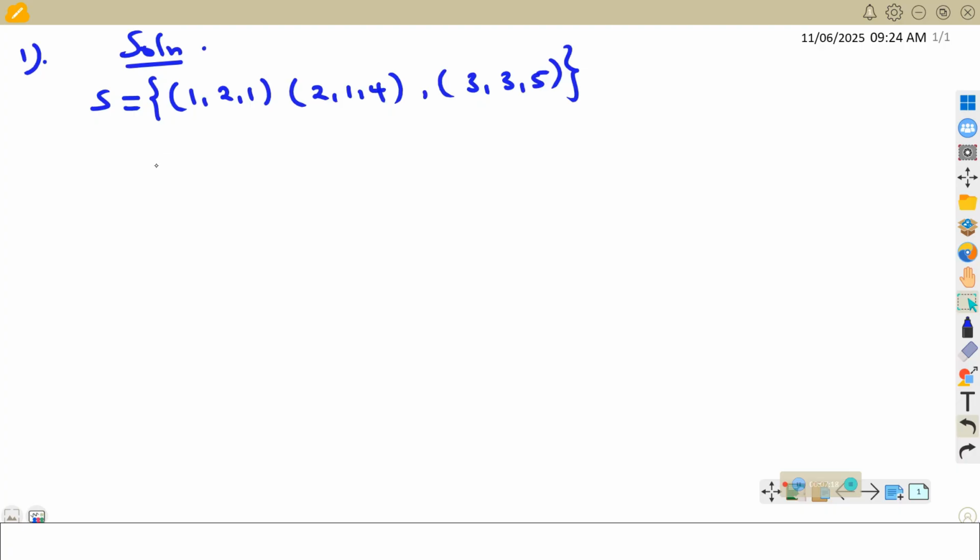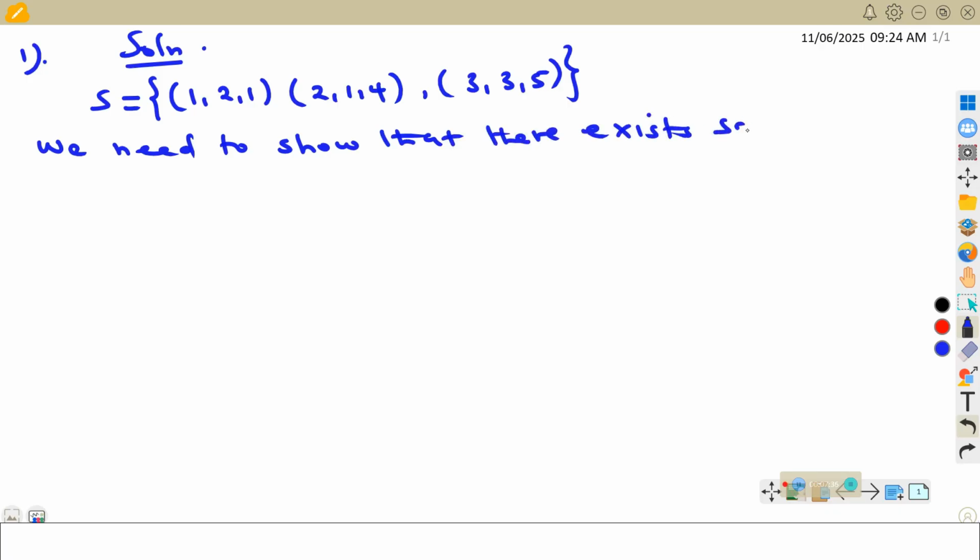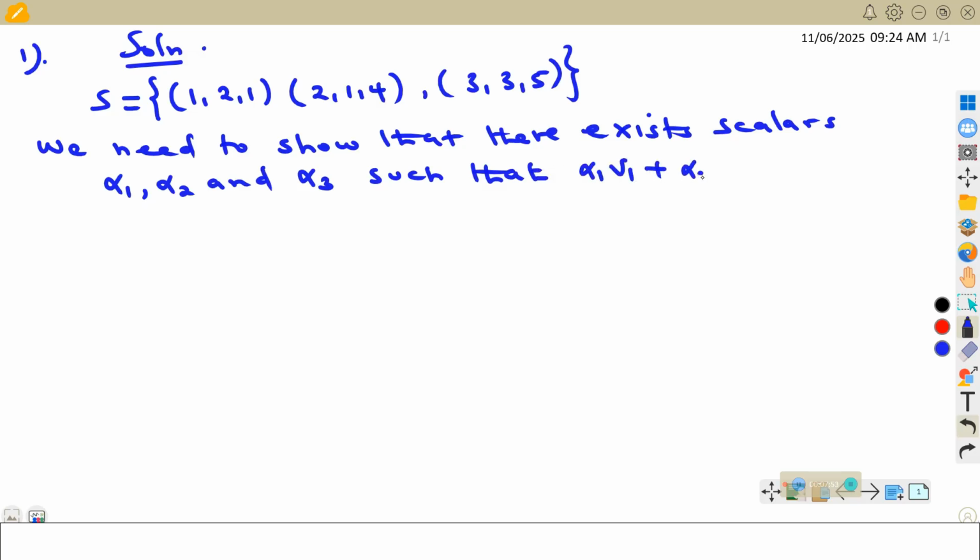What we need is to show that there exist scalars alpha 1, alpha 2, and alpha 3 such that alpha 1 v1 plus alpha 2 v2 plus alpha 3 v3 gives you 0.